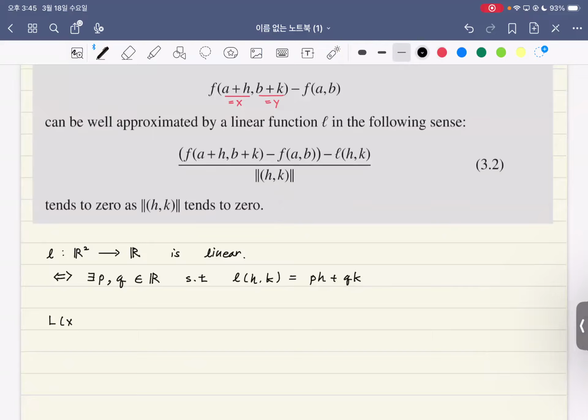We want to define a function L of x, y, which is f(a, b) plus L of h, k, where h is x minus a and k is y minus b.